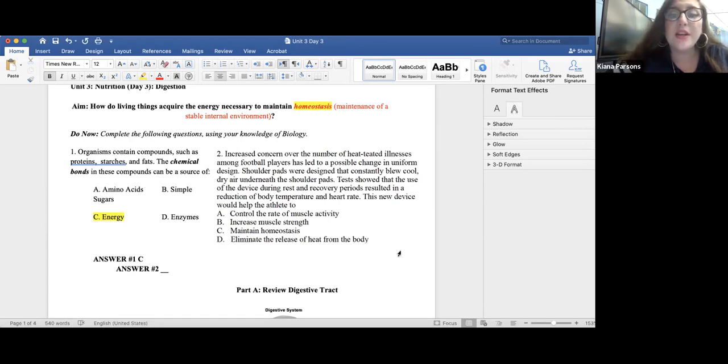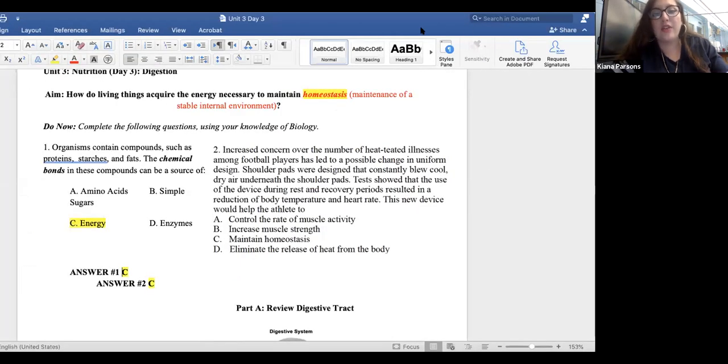Tests showed that the use of the device during rest and recovery periods resulted in a reduction of body temperature and heart rate. This new device would help the athlete to maintain homeostasis. So maintain homeostasis specifically with regard to temperature, and maintaining that nice stable temperature helps our bodies maintain a stable internal environment.